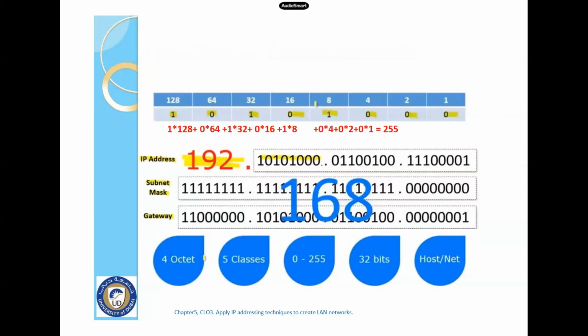The third one, if you do the conversion, we have 1, 2, 4, 8, 16, 32, and 64. So 32 and 64, that is 96, along with a 4, that's 100. So the IP address is 192.168.100, and here is the host portion. You do the conversion and it will be found easy.